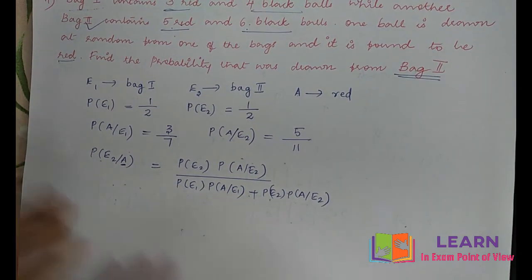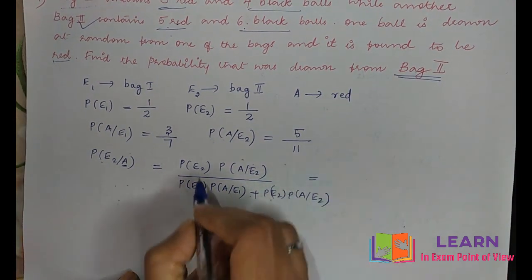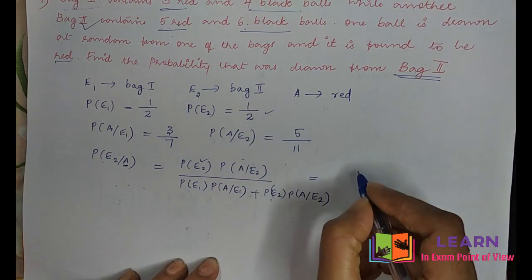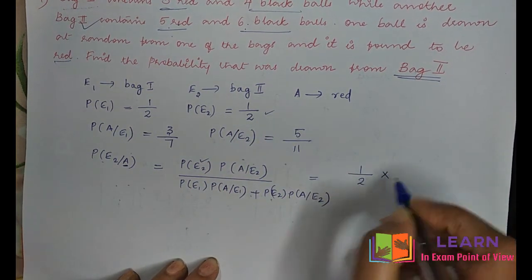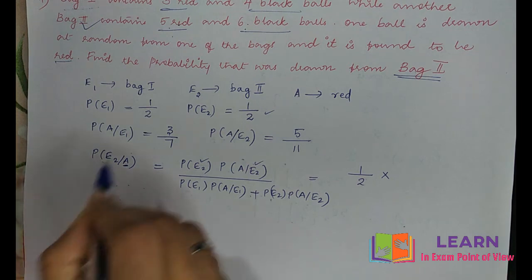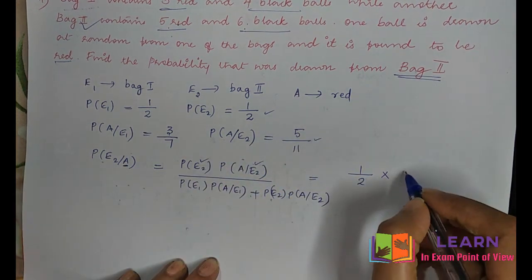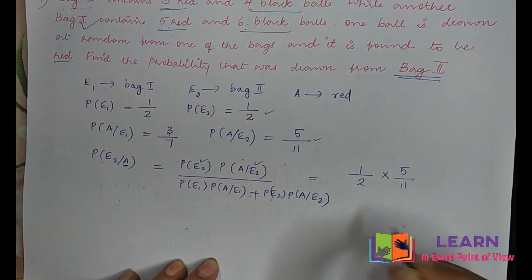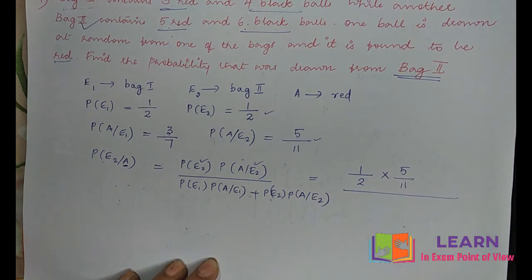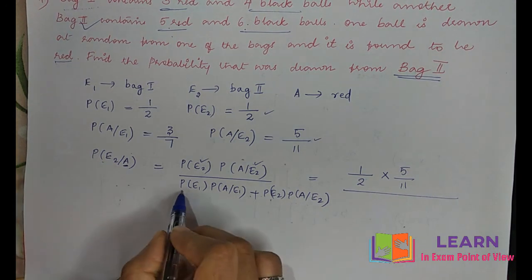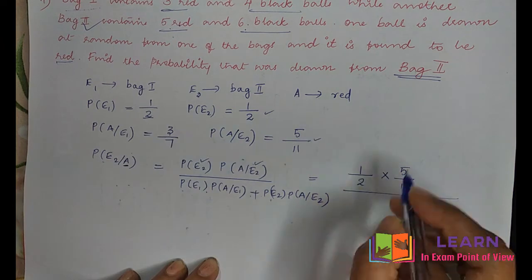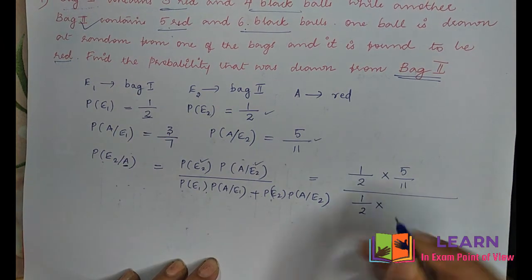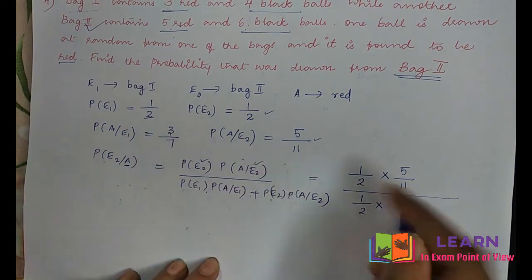Apply in this formula, okay. There P of E2 is what? 1 by 2. 1 by 2 into A given E2 is what? 5 by 11. 5 by 11. So that is all the numerator. Denominator has more values. P of E1 is what? 1 by 2. 1 by 2 into A given E1 is what? 3 by 7.